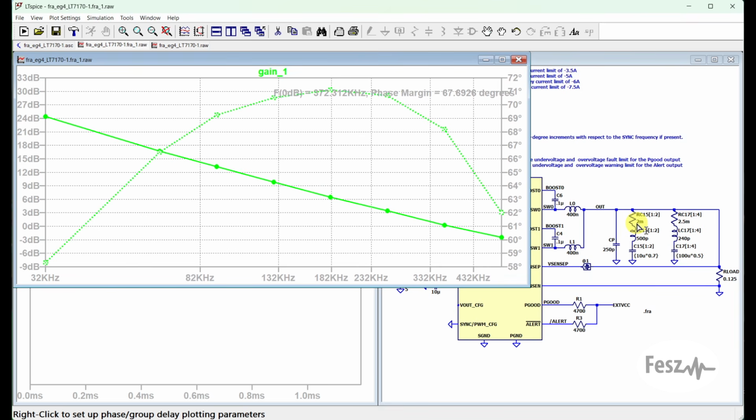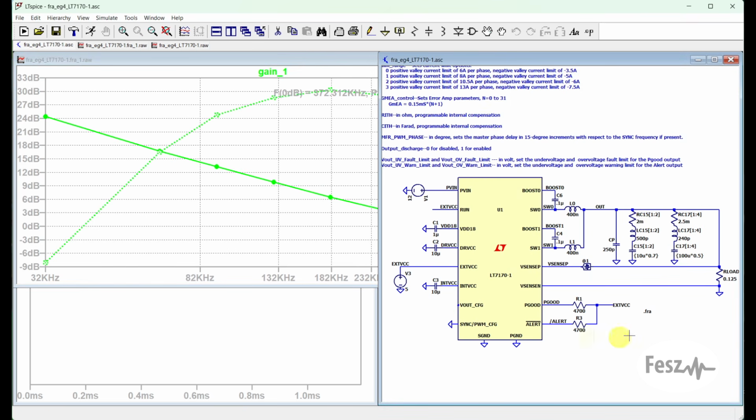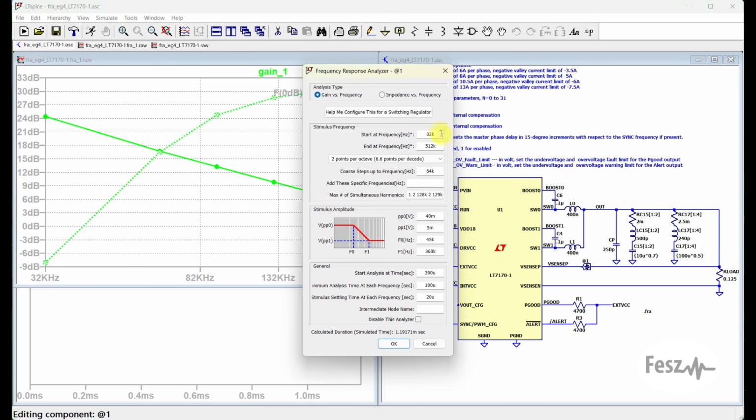But the thing I wanted to point out is that for a measurement such as this one, you usually vary two parameters. On the one hand, you wish to inject a set of frequencies, so to span a specific range. In this case, the FRA block is going from 32 kHz up to 500 kHz. But the other thing you play around with is the injected signal amplitude.